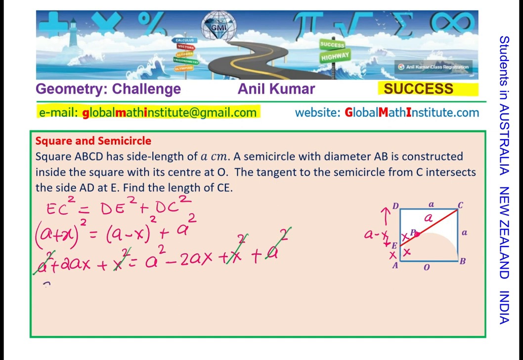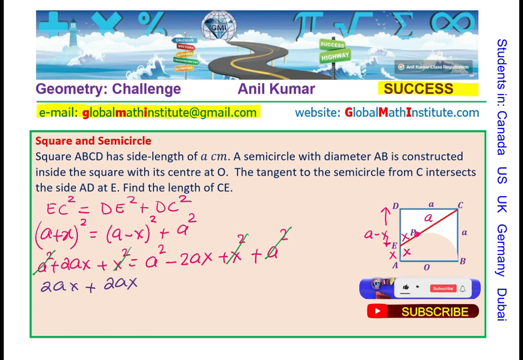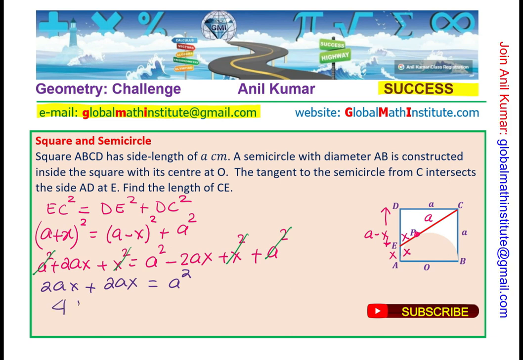So we already have 2AX here plus this 2AX, right, is equal to A square. Now 2AX plus 2AX is 4AX equals A square. So what is X equal to? X is equal to A square over 4A, right?